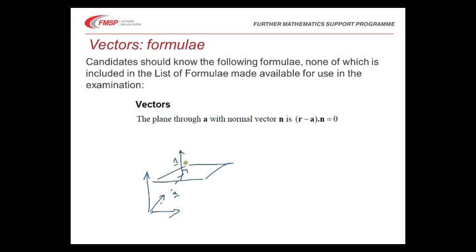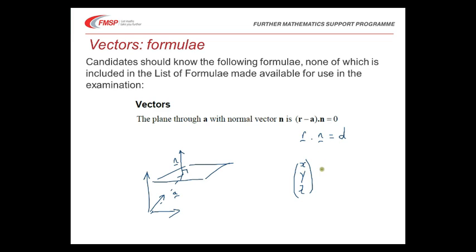So if we know the perpendicular to a plane and a point on the plane, that's sufficient to uniquely define a single plane, and this can be written in this format, or is more commonly seen as r dotted with n is some value d, and here r is the same as (x, y, z), the position vector of a general point in the plane, and here's the normal to the plane.